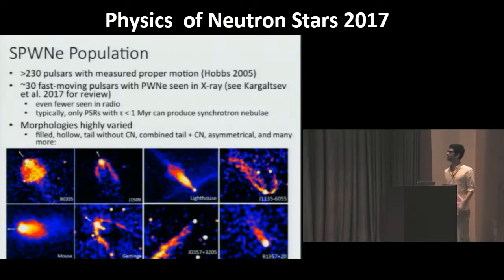Morphologies are highly varied. We see some that have filled morphologies, some that display the opposite, hollow ones, and a combined compact nebula and tail. Some are asymmetrical. Some don't have a compact nebula but have a tail behind them. And then various other less certain morphologies.